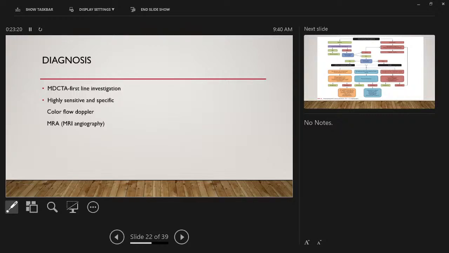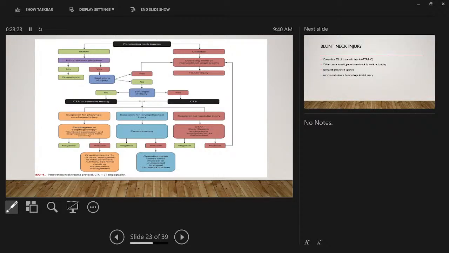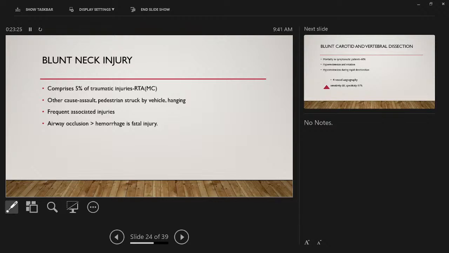Okay, Golak. What are the zones of the neck and why are they important? We discussed.